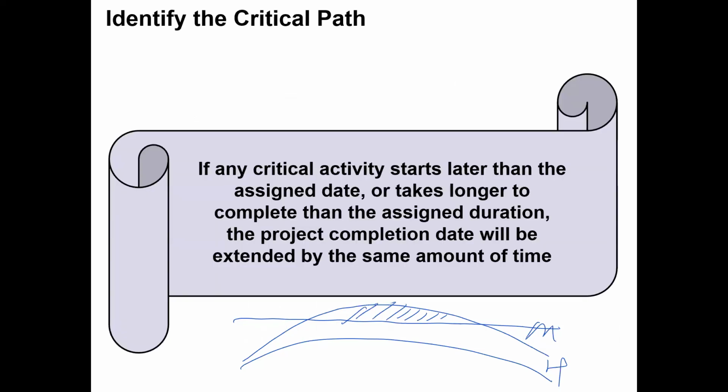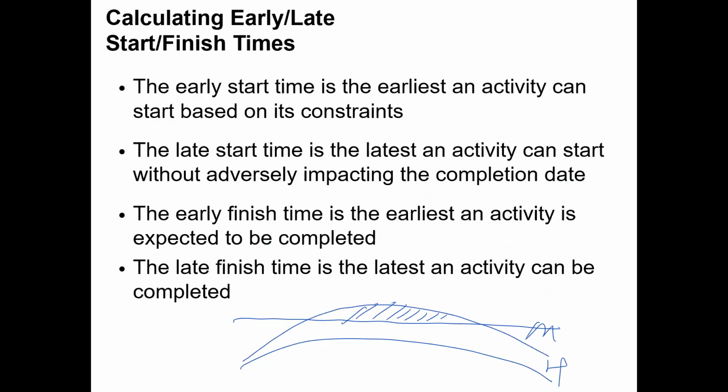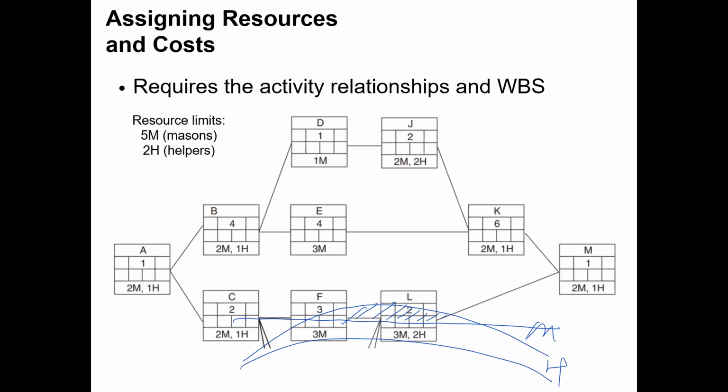So let's go back to here. This diagram is to make sure we have the boxes over here where we can put in the information. We start to learn this in the CPM, which is lecture 3.